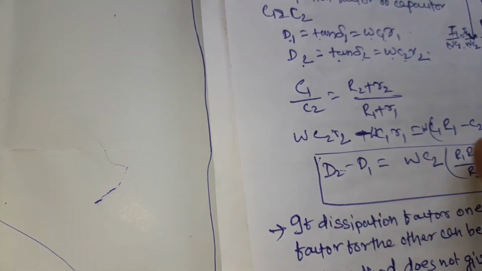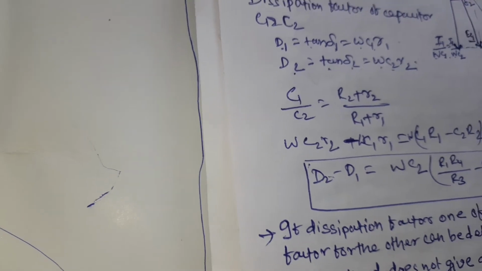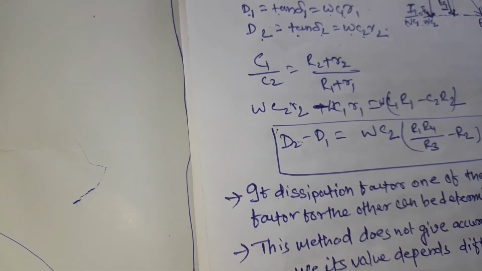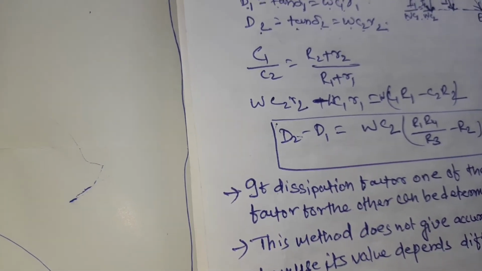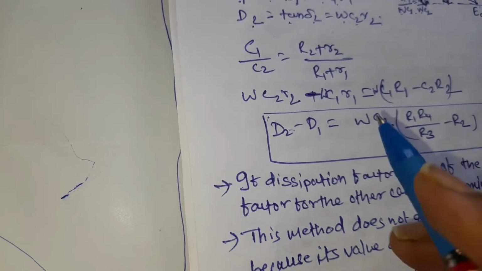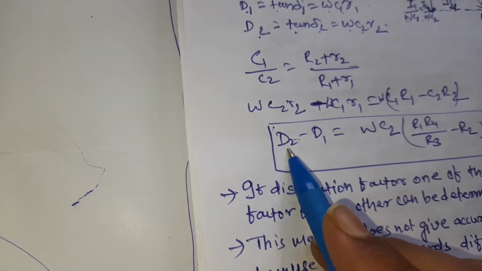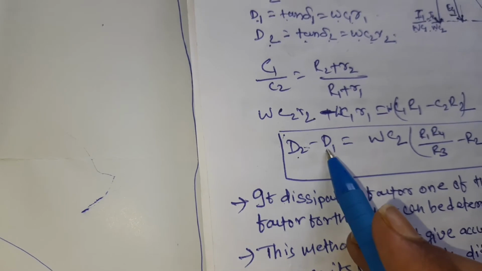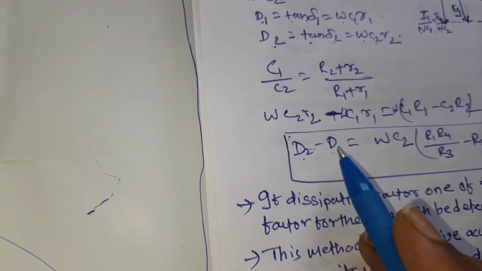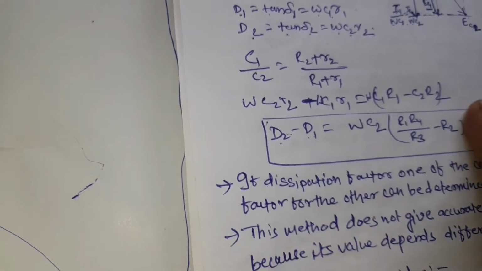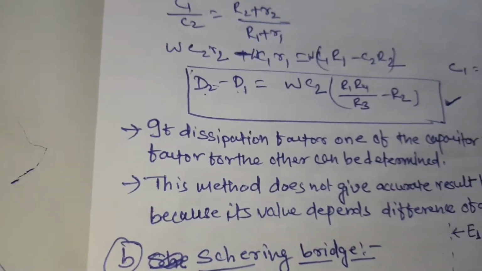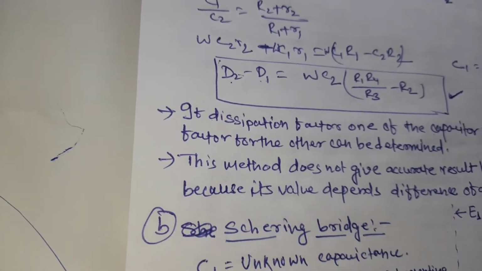In this way, we obtain the derivation for the dissipation factor. That means if you know the dissipation factor of the standard capacitor, you can measure the dissipation factor of the unknown capacitor in terms of the dissipation factor of capacitor C2.